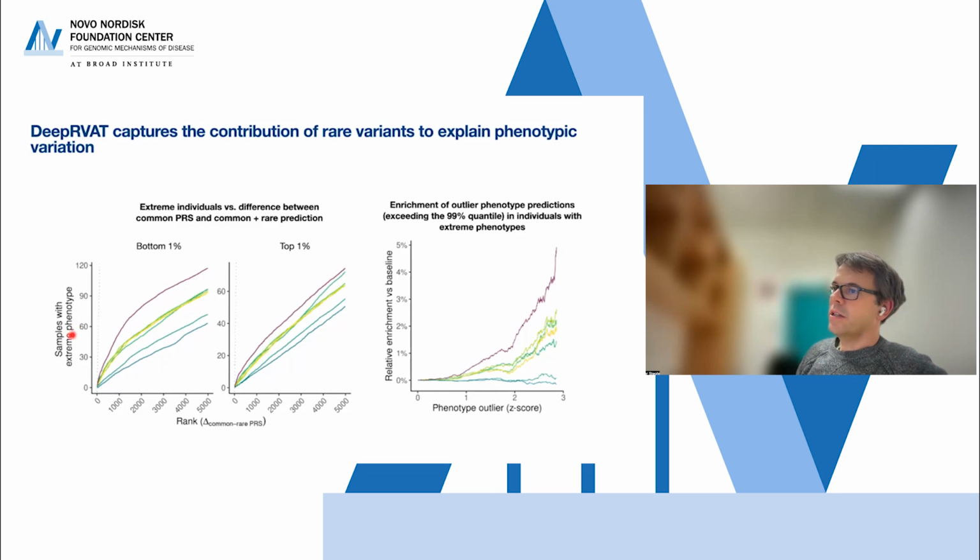What you're showing here is, if I take all individuals and rank them by the predicted difference compared to PRS, and I ask whether they have extreme phenotypes, you can really see the enrichment for individuals with extreme phenotypes quite nicely. So you are able to pinpoint individuals with extreme phenotypes based on the predictive signatures.